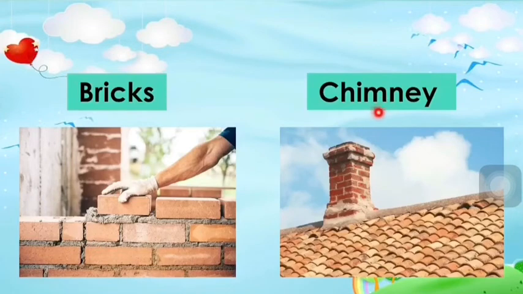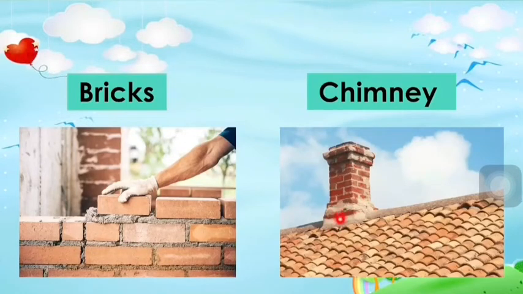The next word is chimney. Chimneys are present at the top of houses and factories, and these are responsible for letting smoke out of the house or the factory. What is the purpose of this chimney? Smoke goes out into the air with the help of the chimney.